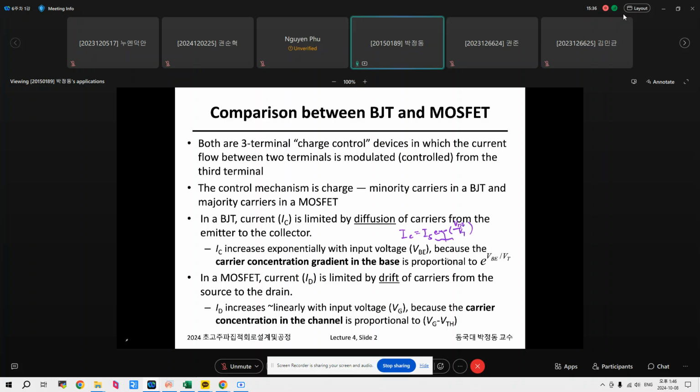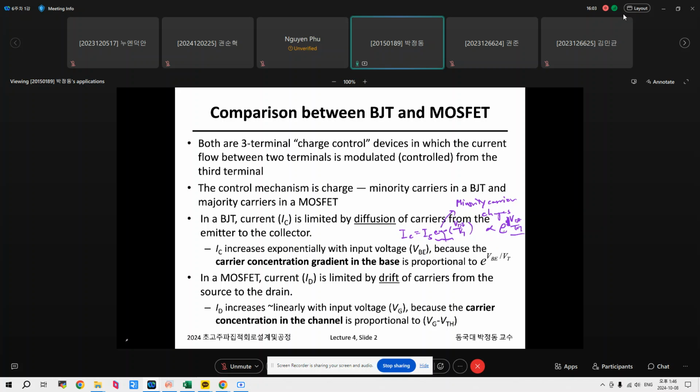So this is the reason, because charge, minority carrier, changes as a function of exponential VBE divided by VT. Right?